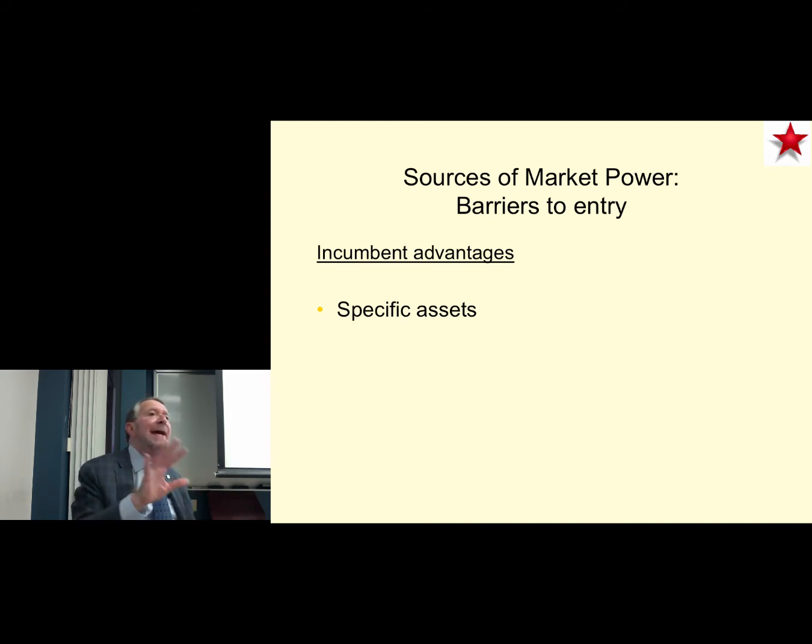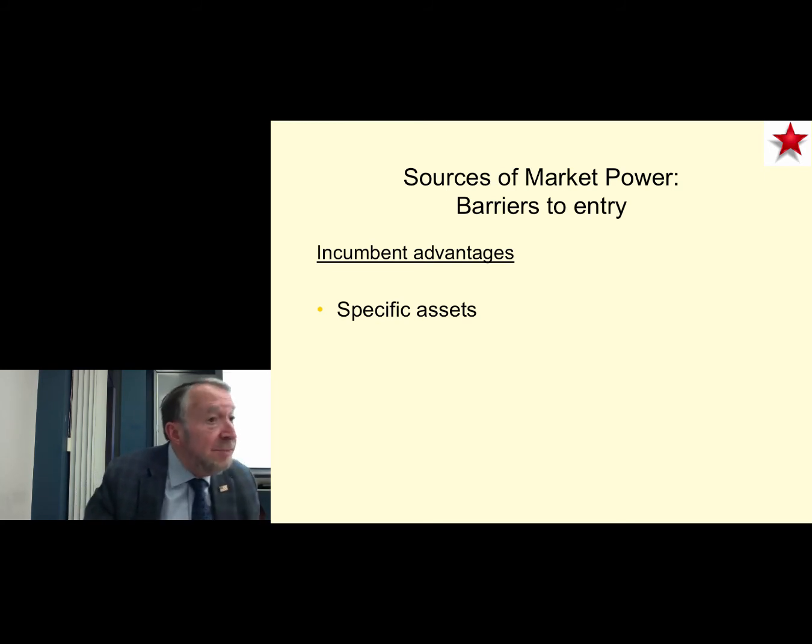Number one, they may own specific assets that are necessary to produce this product, and they may own access to all of them. If you produce aluminum, there are two major inputs, electricity and bauxite. Alcoa, the American Aluminum Company, number one, located their plant close to hydroelectric power, which is very cheap.